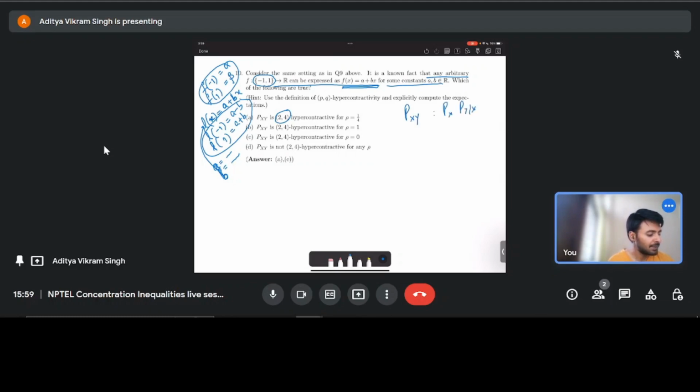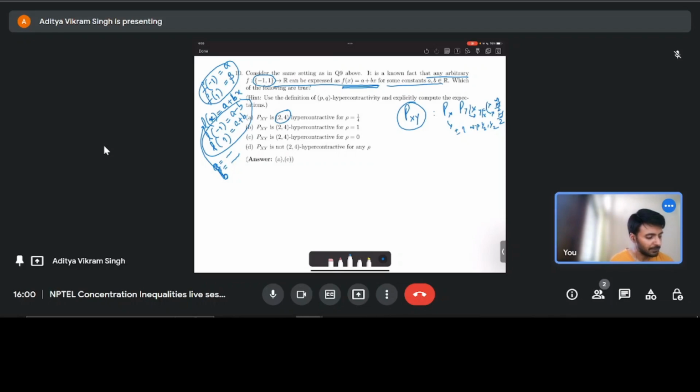We saw that p of x is plus or minus 1, each with probability half. And p of y given x is: y equals x with probability (1 plus rho) by 2, and minus x with probability (1 minus rho) by 2, the same as above. This defines the joint distribution pxy, and we want to comment on the 2,4 hypercontractivity of this distribution.